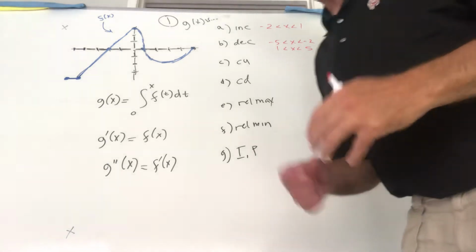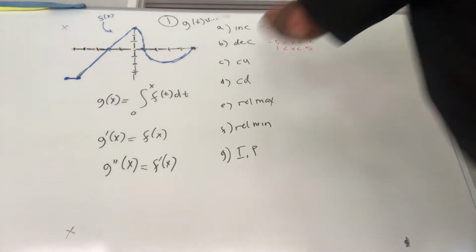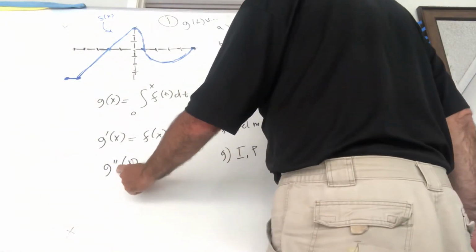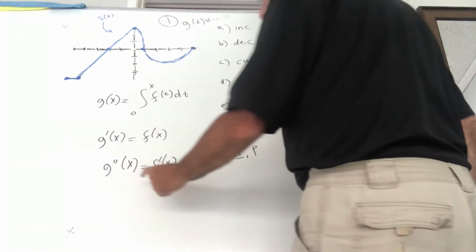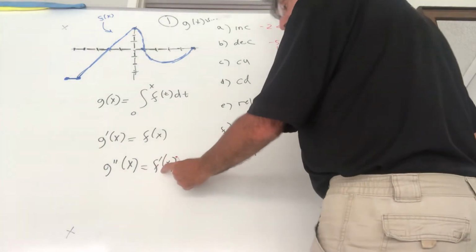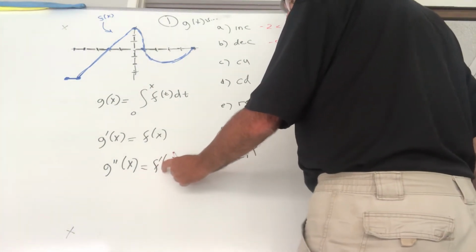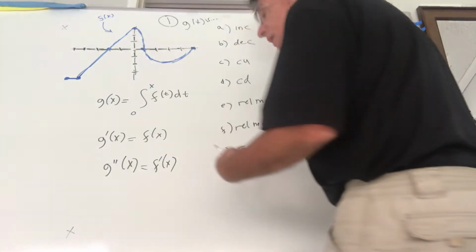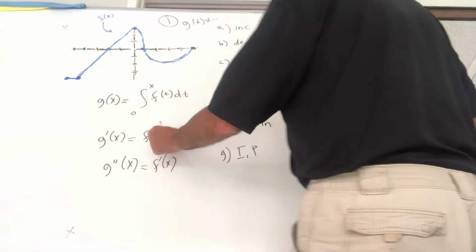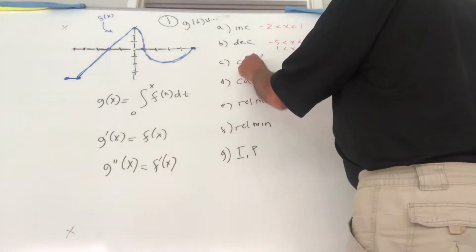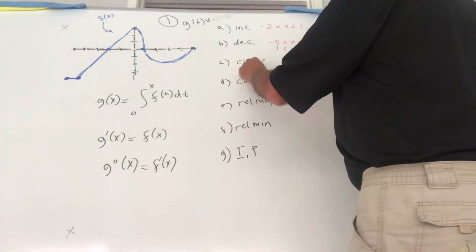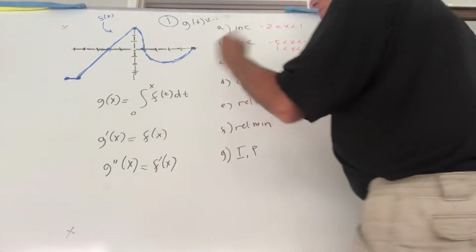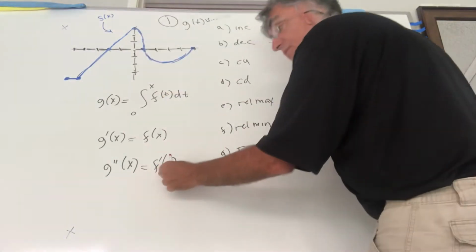Now, when is a function concave up? Remember, do the logic on this. A function's concave up when the second derivative is positive, or f's derivative is positive. Well, when is a derivative positive? When it's increasing. So you want to think to yourself: g is concave up when f is increasing, because when f is increasing, then f's derivatives are positive.